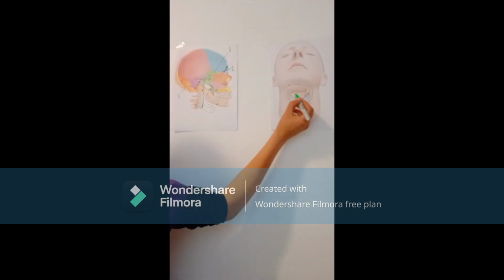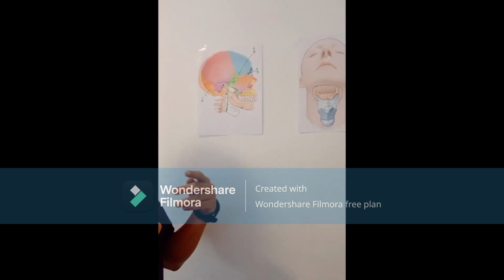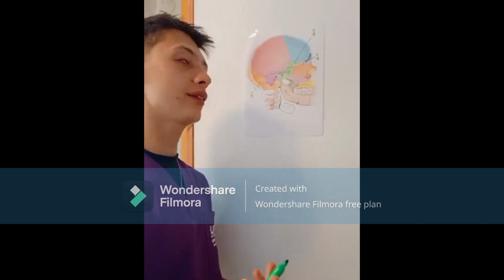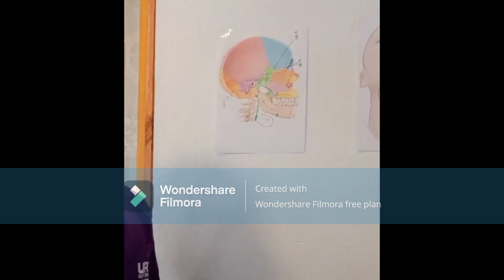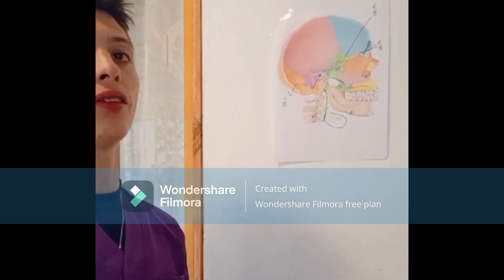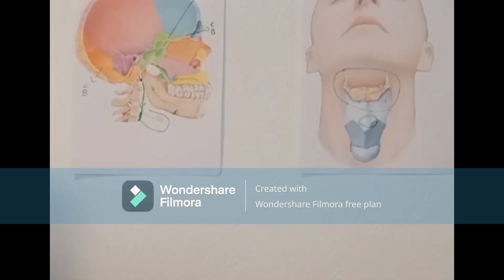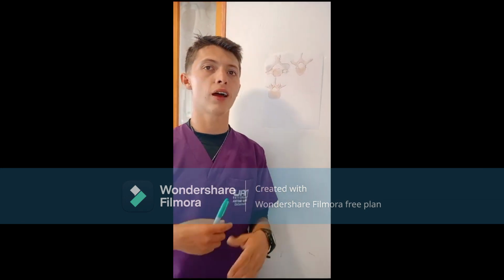It is located in the anterior face of the neck, between the lower jaw and the larynx. The hyoid bone supports the tongue and provides insertion sites for some muscles of the tongue, neck, and pharynx. The topic of the bones of the head is already finished.